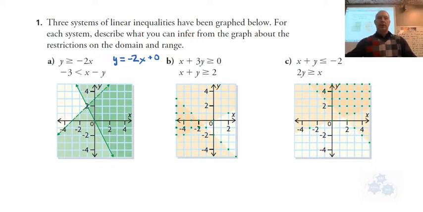And so one of the lines has an intercept of 0, and we should have a slope of negative 2. So that means the line is going to go down from left to right. If we went down 2, we should go over 1. Negative 2 over 1 is the same as negative 2. So down 2, over 1. It appears to be this line right here. This one. Okay? So that's good.